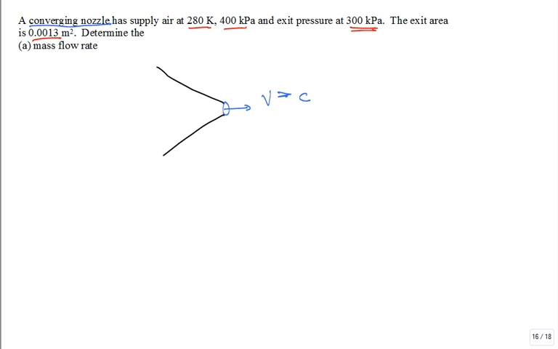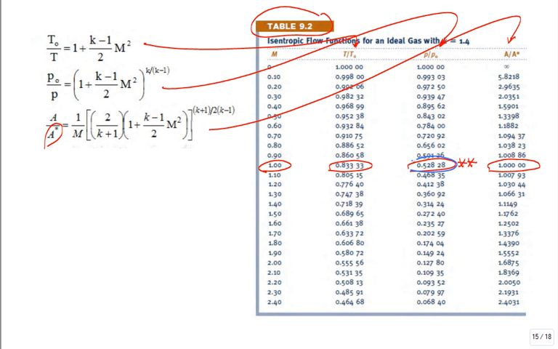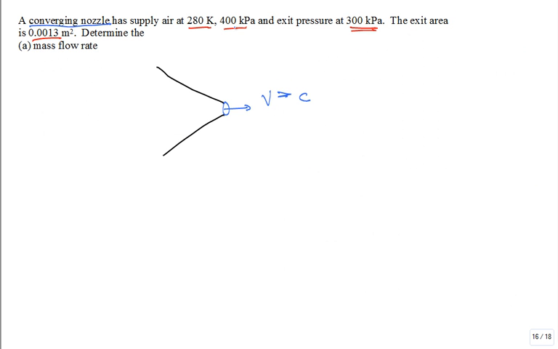This ratio of pressures tells me that to get to Mach 1, the pressure in the throat is roughly 0.528 of P naught. If you put it lower than that, you just have a shock. So let's say I supply 400 kilopascal here, and it's 300 kilopascal at the exit. What happens if I put 500 kilopascal, 600 kilopascal?